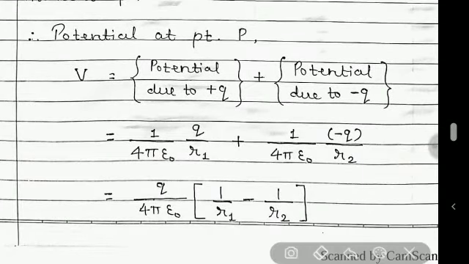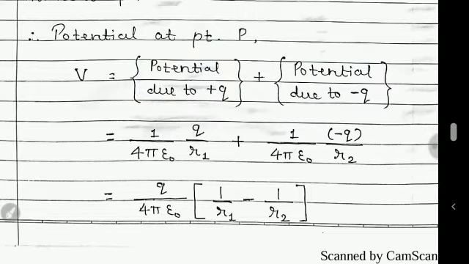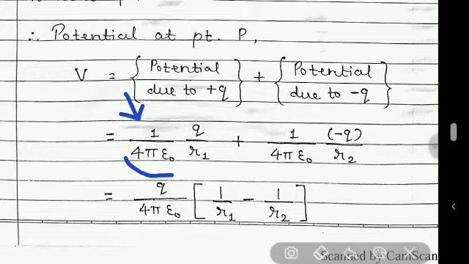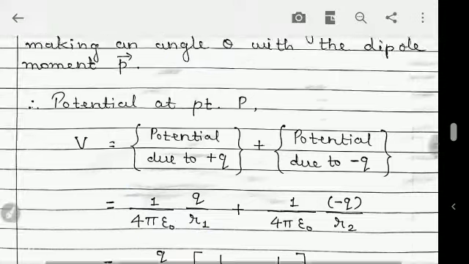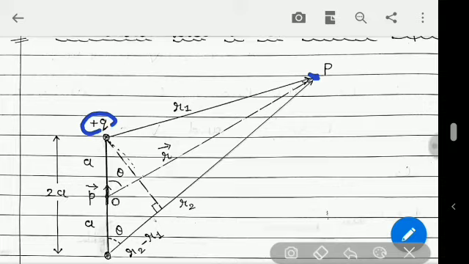Here the potential at point P, V is equal to potential due to positive charge plus potential due to negative charge. The potential due to positive charge is 1 upon 4 pi epsilon naught Q upon r1. Here this r1 is the distance of point P from the positive charge.